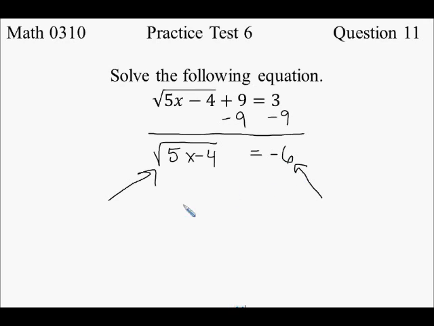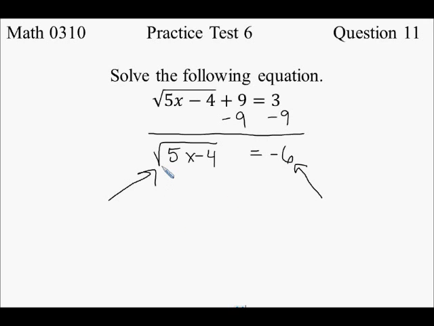So if we're saying that the square root of something gives us a negative number, then that actually doesn't have a real solution. When we say square root, we're thinking of what positive number times itself will give us that expression there. So since we're saying the square root here is equal to a negative number, there actually isn't a real number solution that's going to work for that.